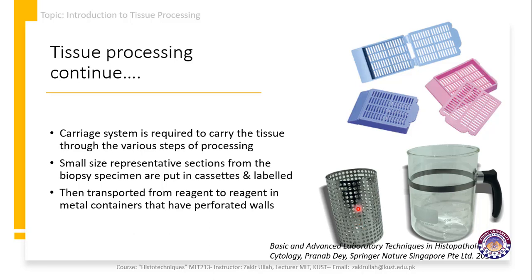These metal containers are put in this jar, and the cassettes move from one jar to another jar, and every jar has a different type of chemical for the process of tissue processing.